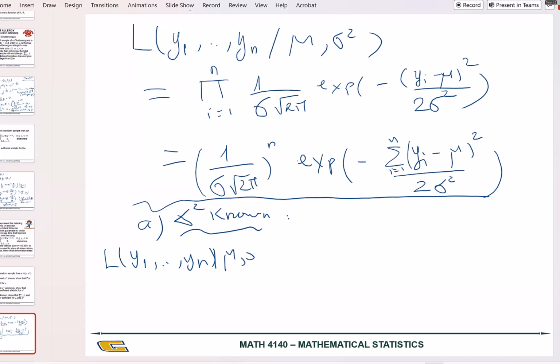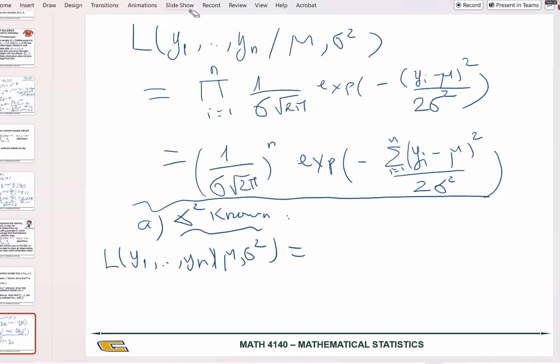The likelihood of mu, sigma square. One over sigma root 2 pi. So this thing is just a constant, so I can put proportional to and throw it away, because it's a constant.